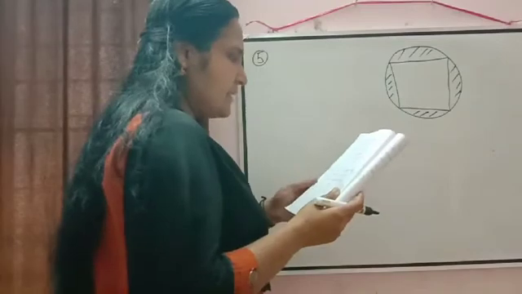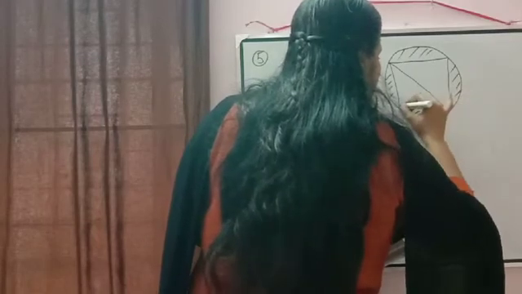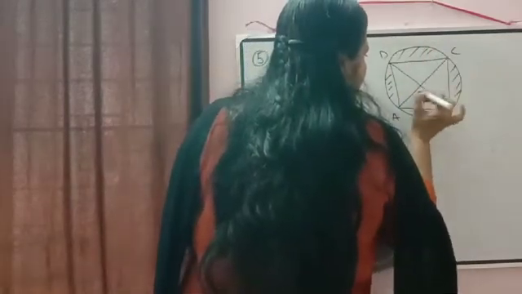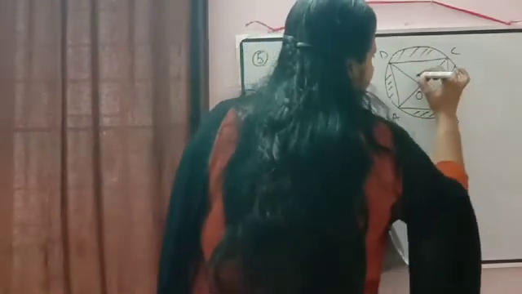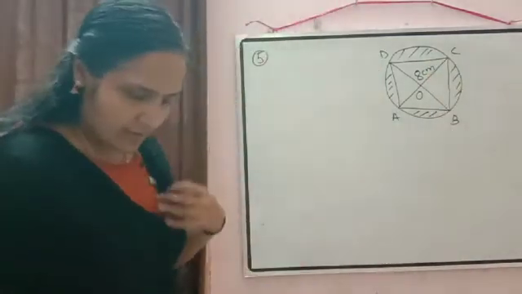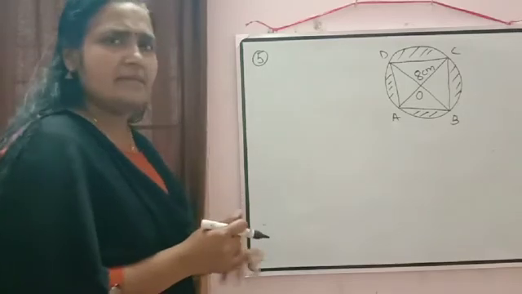And what is the information given? Diagonal of the square is 8 centimeter. So diagonal is given, length it is 8 centimeter. So we can mark the square as ABCD, intersection point as O. So suppose I am taking this AC as 8 centimeter. Now let's check how to find the area of the shaded region.